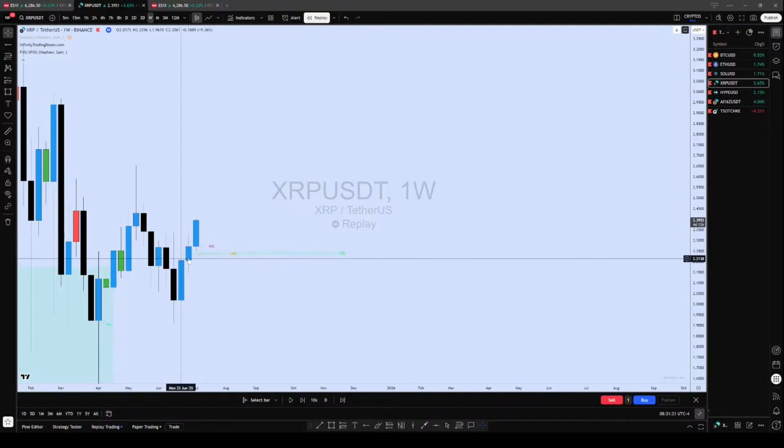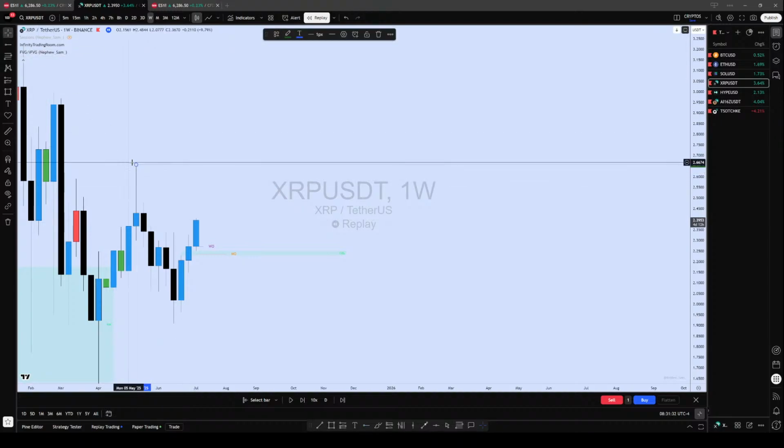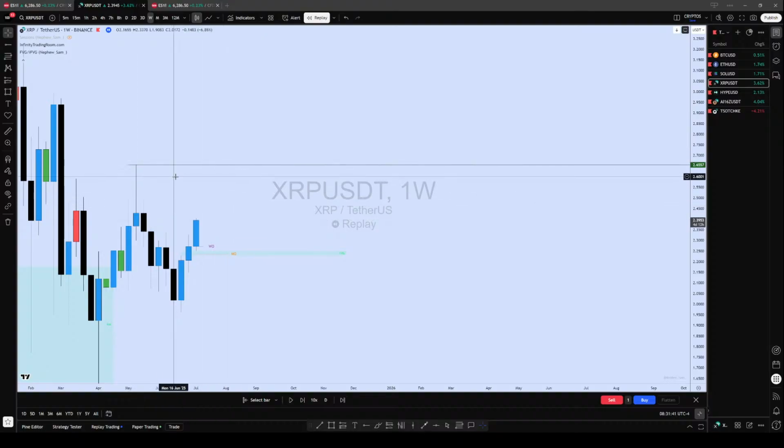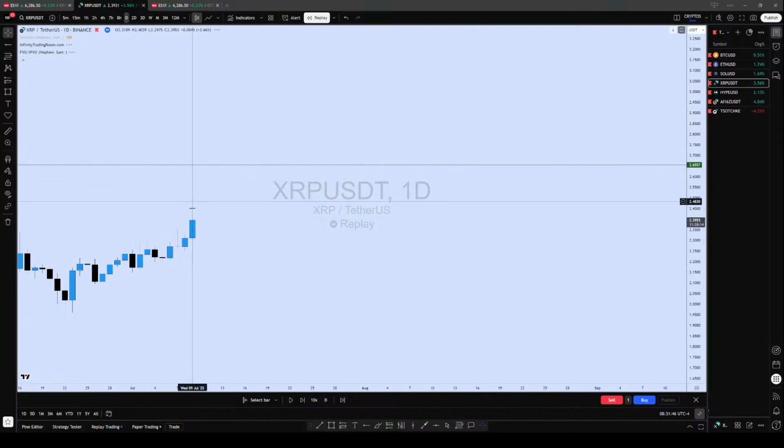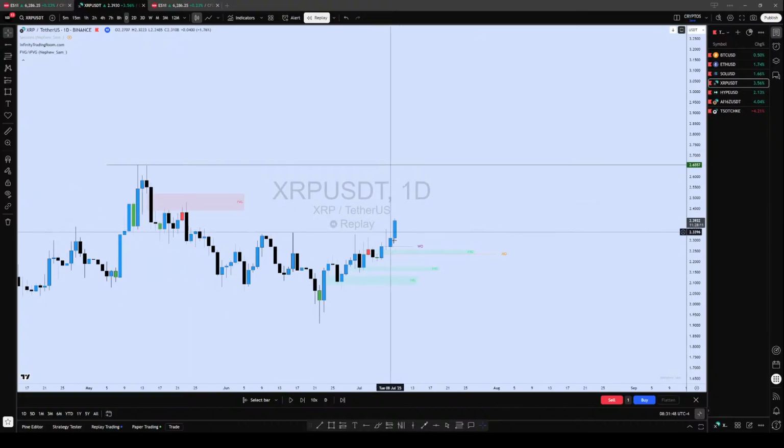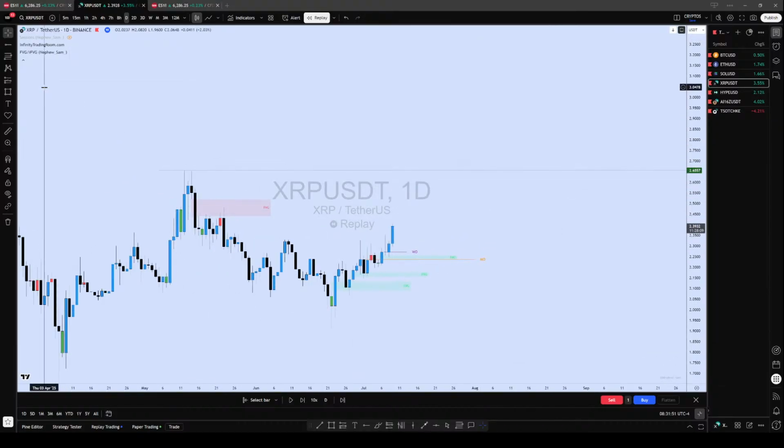We will have a fair value gap here, hence we will be aiming for 2.655. Okay, so that will be the draw, but that's if the week can close bullish. For now, the next draw is here.